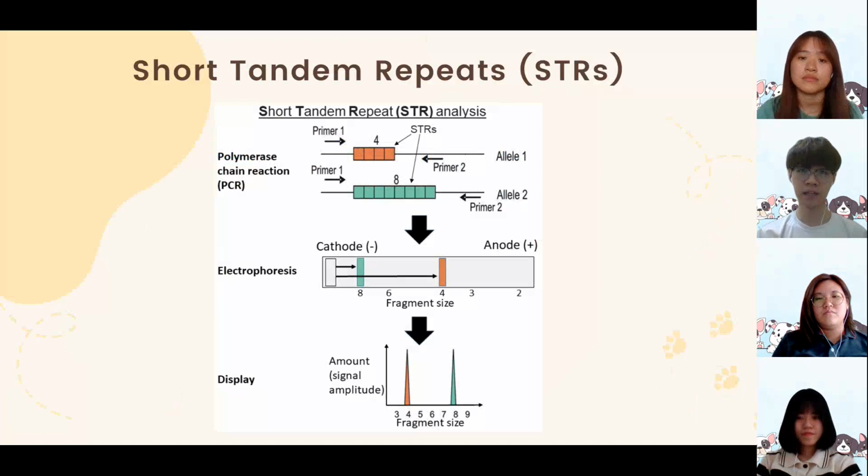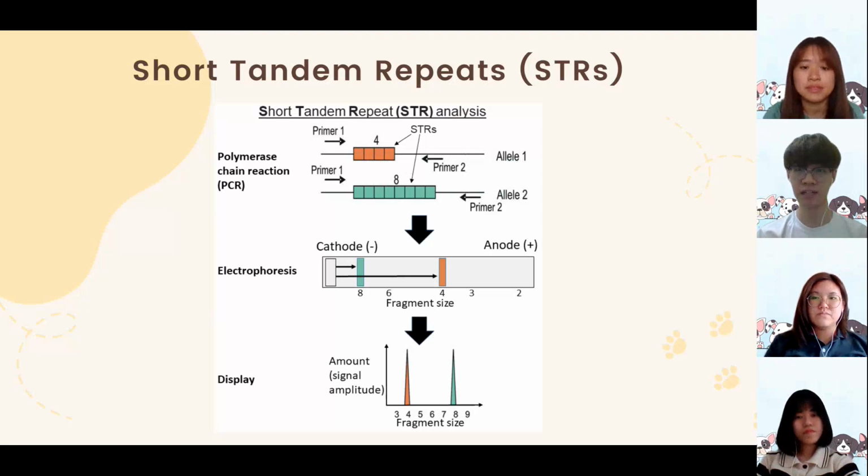The process starts with sample collection from the unknown species, then amplification of the DNA sample using PCR to create multiple copies of the STR region of interest. Electrophoresis is carried out to separate the different STR regions, and lastly, the STR profile of the unknown sample is compared to a reference database of known species.